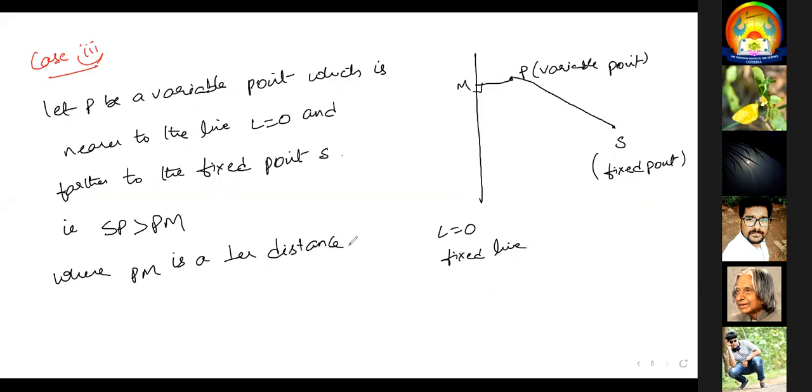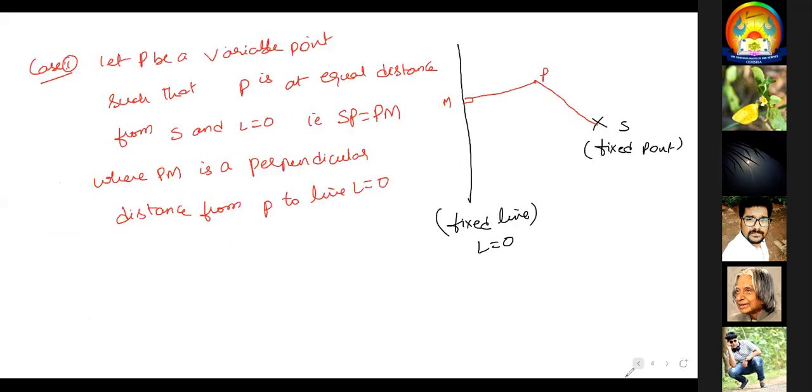No need to write the whole spelling of perpendicular, it is enough to write that shape. See, two perpendicular lines. It is a perpendicular distance from P to the line L equal to 0, in all 3 cases. Okay, master, we understood the 3 cases.